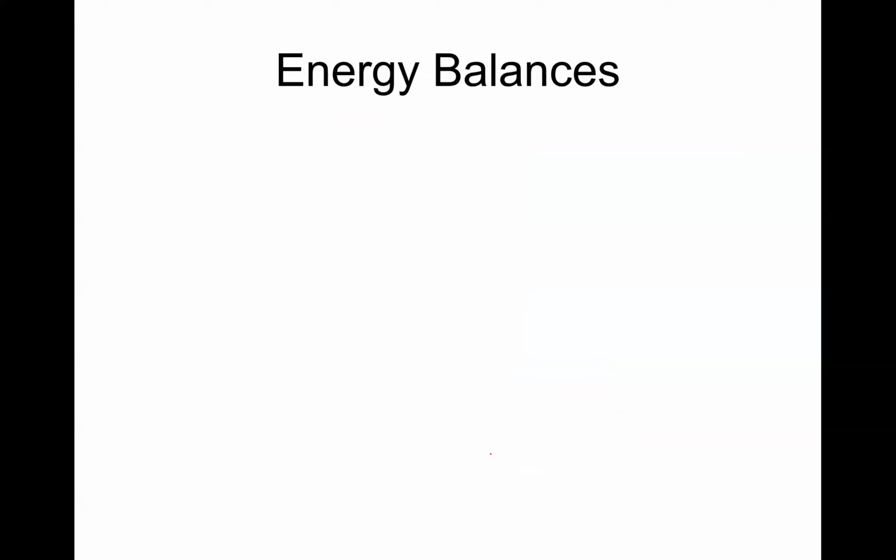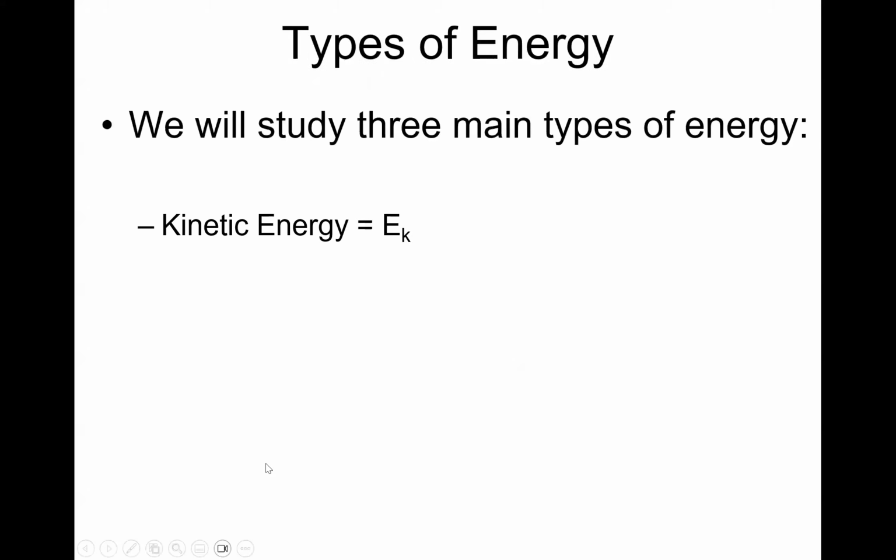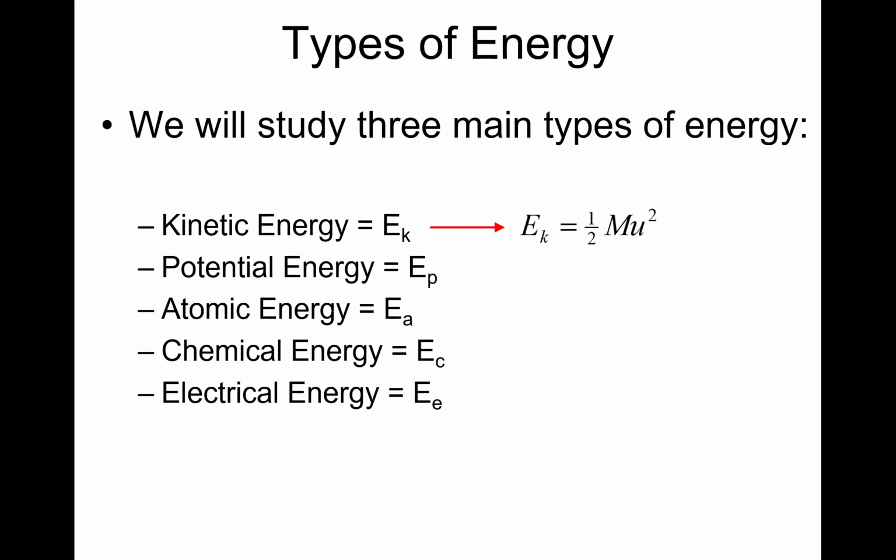So from here, we will talk about energy balances, and we will end up with an important equation, the Bernoulli equation. There are a few different types of energy that I will discuss here. Kinetic energy, which is typically described as 1/2 mass times velocity squared.